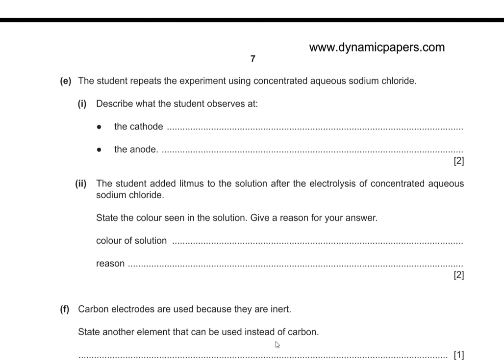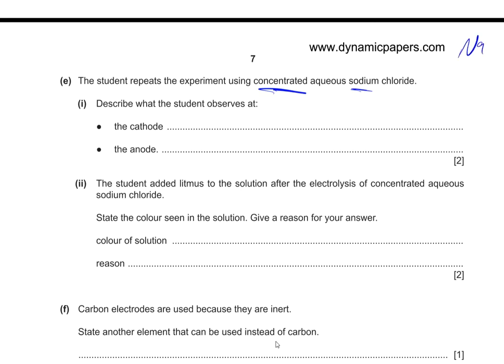The student repeats the experiment using concentrated aqueous sodium chloride. Describe what the student observes at the cathode and the anode. So at the cathode, we'll still have hydrogen gas forming, because even though we're using a concentrated solution, sodium is more reactive than hydrogen in the reactivity series.